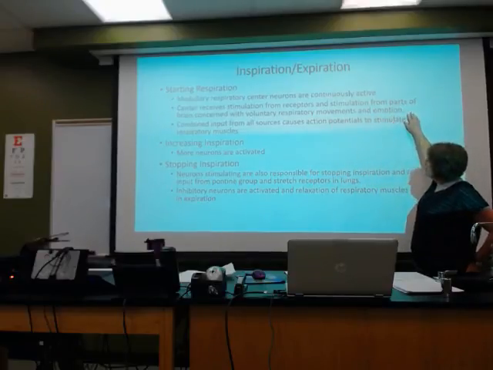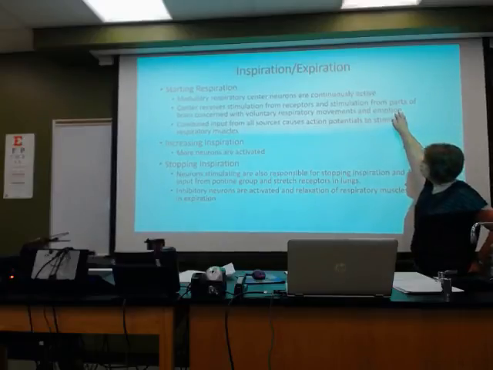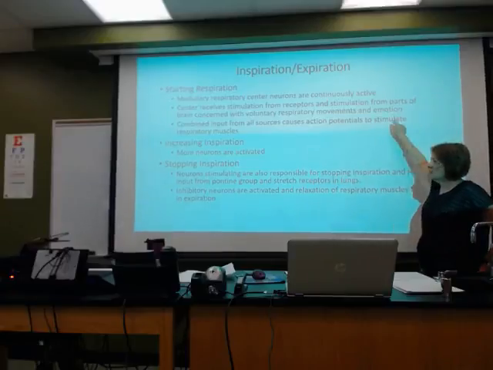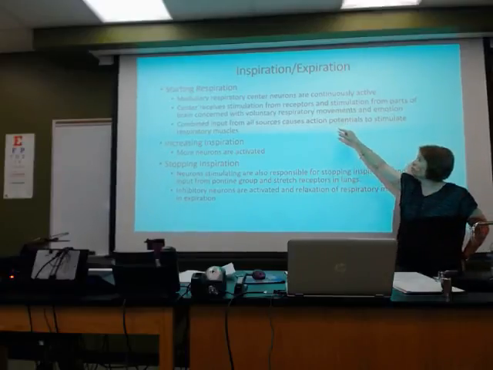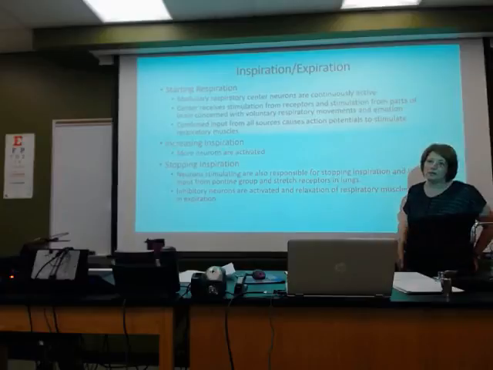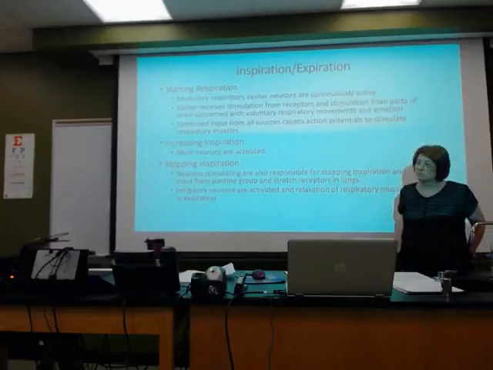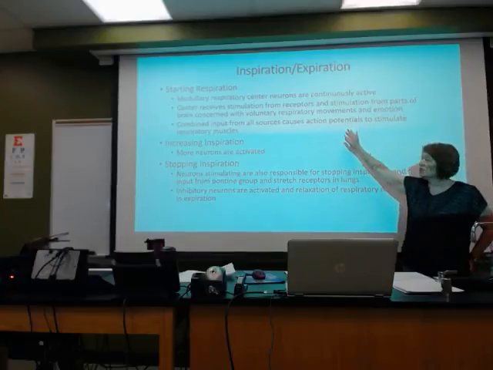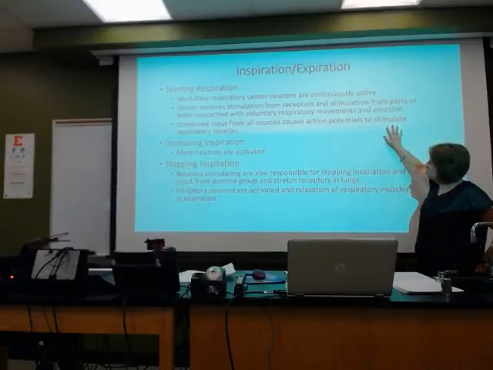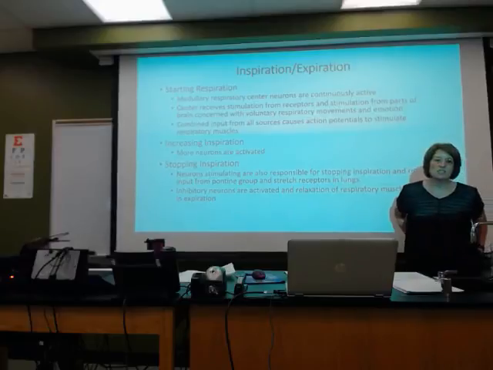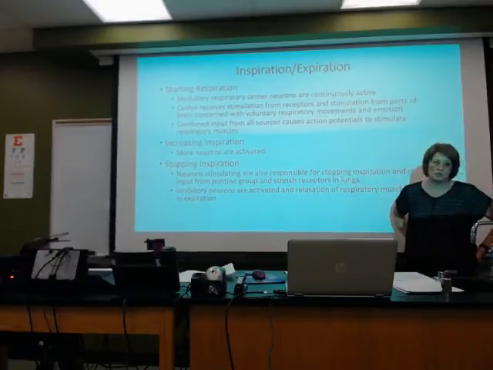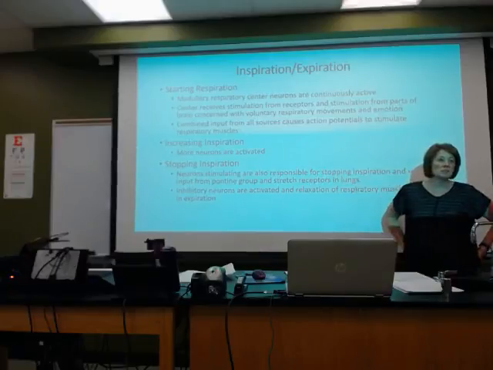What we're going to see is when we receive information, that's going to stimulate the parts of the brain that are now concerned with voluntary respiratory movements. When we take everything, put it together, we're going to create action potentials that affect those respiratory muscles. Think about the muscles between the ribs and the diaphragm.